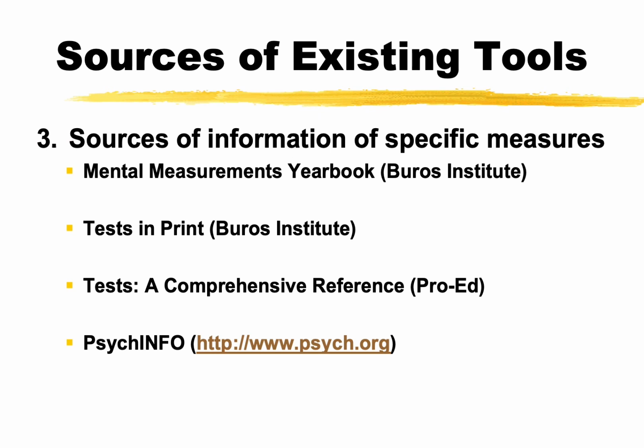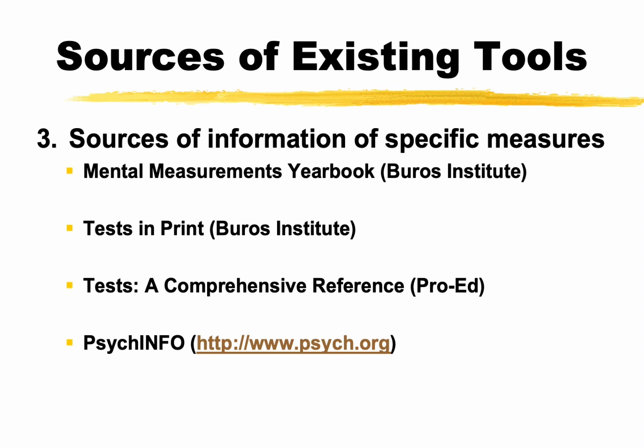And a final set of sources is provided on this slide. Here are 4 reference volumes that are available to help you locate and learn about tests. Each resource is free. One of them is particularly strong. The first one, Mental Measurements Yearbook.